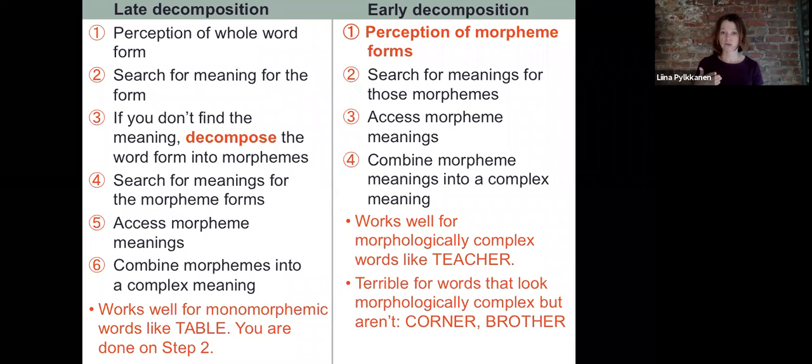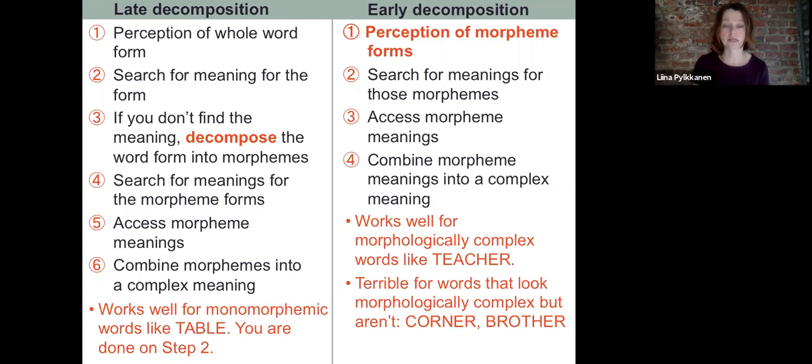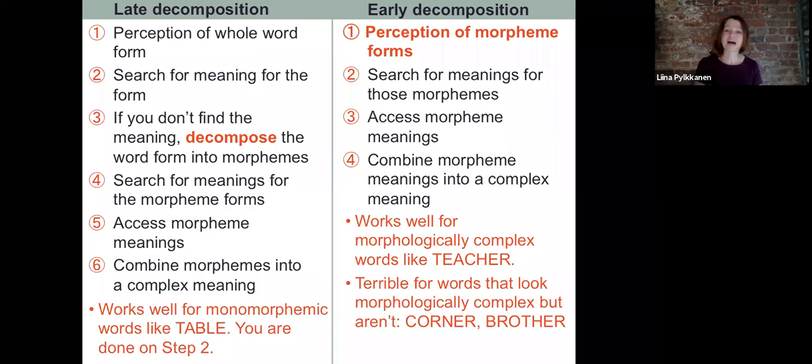But now, of course, the most salient reading for "corner" is not somebody who corns, although maybe you could get that interpretation, but that's not typically how we interpret "corner." And a "brother" is not somebody who broths. Okay, so these in fact are semantically, morphologically simple.